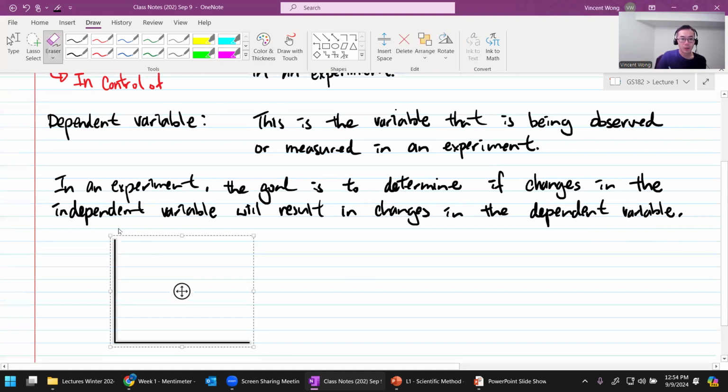Now, sometimes the result can be quantified. You can measure it using numbers, and in those cases, we can plot our results. If you're plotting it, then it's important to remember the dependent variable goes on the vertical axis. This is called the y-axis.